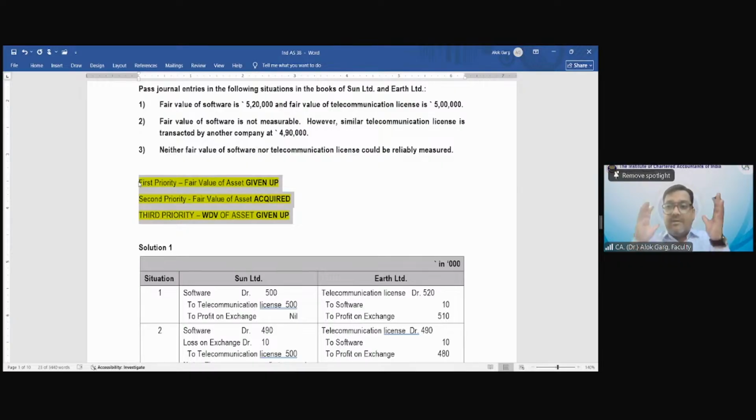You are prone to just look at intangible, software, telecom license, right? But in the exam, if this software becomes a building and this telecom license becomes a machinery, then life will not change. The concept remains same. The only thing is, instead of intangible asset, it will become PPE.